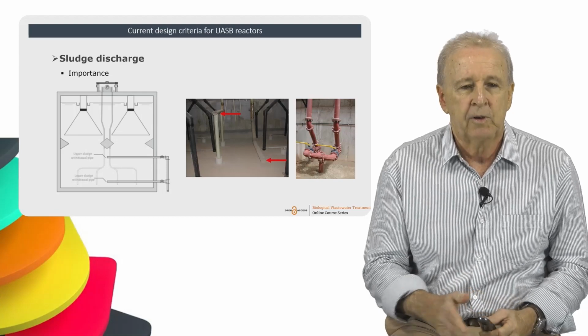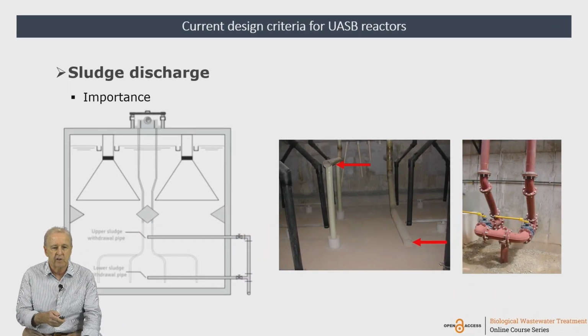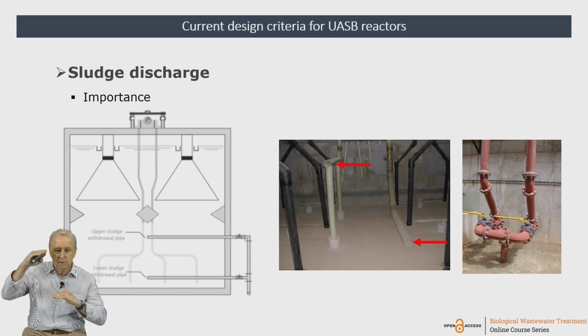And still regarding sludge, there is the sludge discharge system. It's also very important. I highlighted this point at the beginning of the previous lecture: the importance of keeping the sludge between two ranges, minimum and maximum.